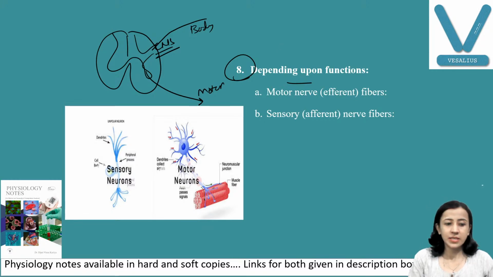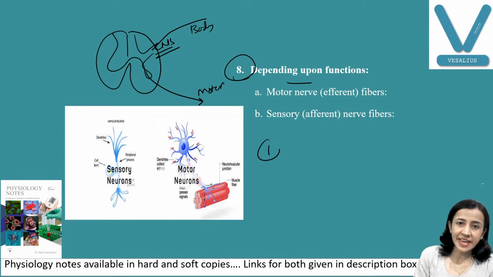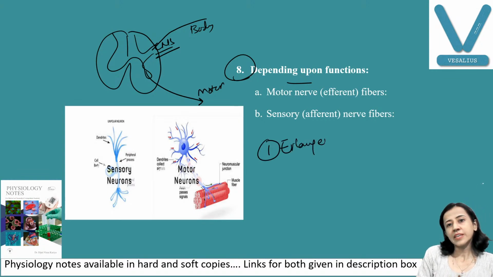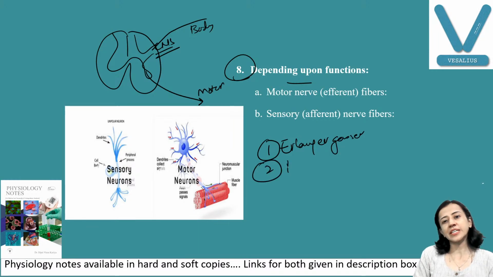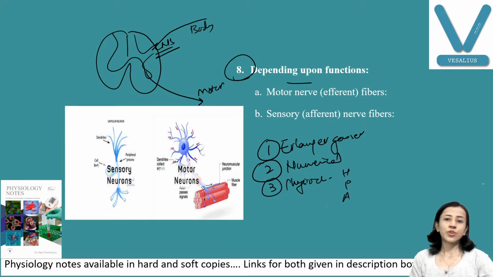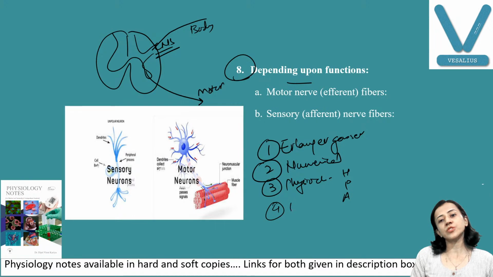Number 1, as I told you, this is the revision: Erlanger-Gasser's classification. Second, numerical classification. Third, physio-clinical, according to hypoxia, pressure, and local anesthetics. If you have joined late, please watch the video completely. Fourth, physio-anatomical classification.